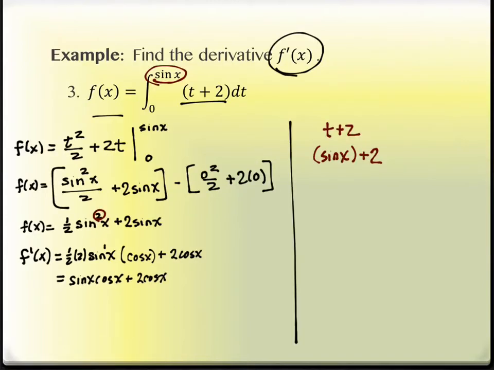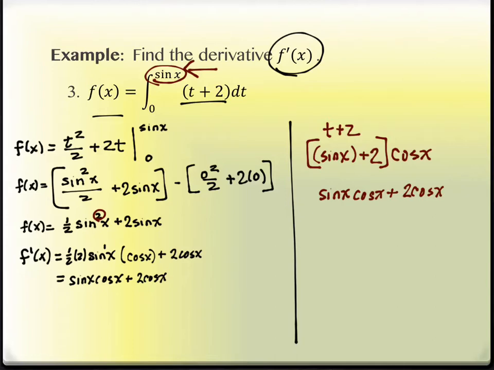If I recognize in a problem that I have a derivative that's going to affect the answer at the end, that is, its derivative is not 1, like sine x, then the only thing I have to do at the end of this problem is multiply by the derivative of sine x, which is cosine of x. So this would be sine x cosine x plus 2 cosine of x.